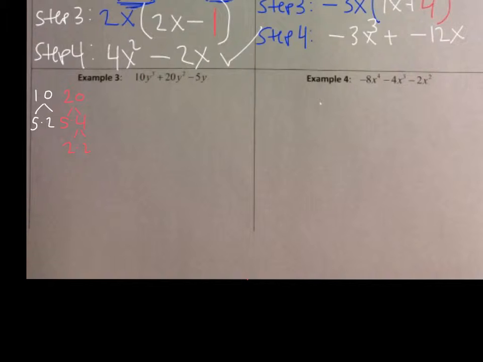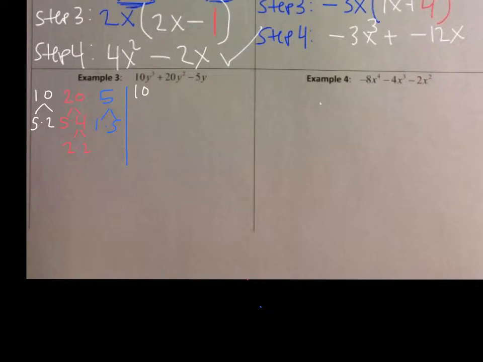The last one, 5. The only two numbers we can multiply into 5 are 1 times 5. Alright, so that's it. So let's start listing these out and see what they have in common.